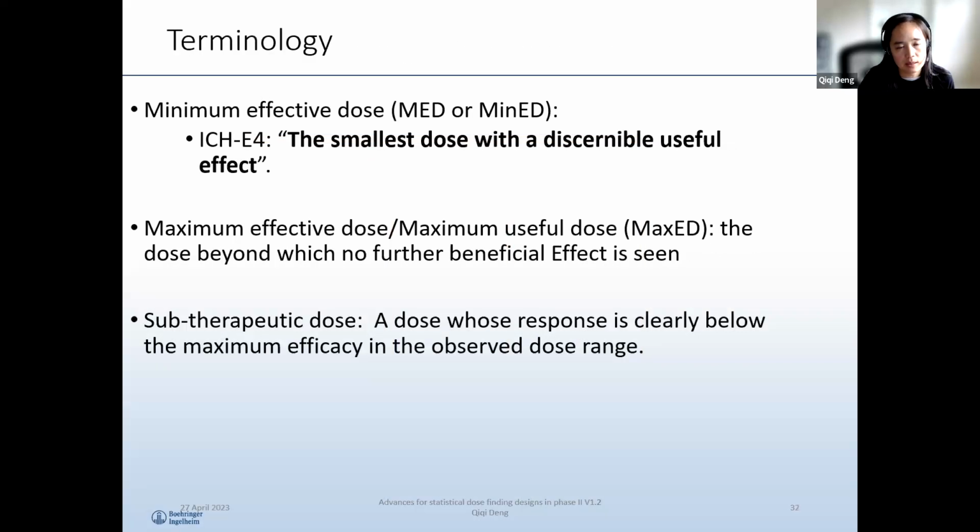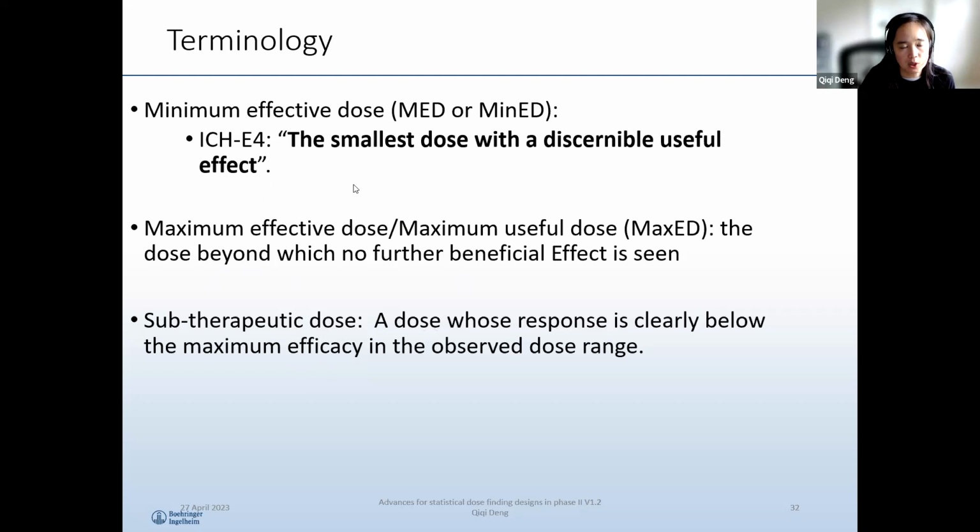I think I'm going to skip some of the technical details about this design, but there is a very important concept called minimum effective dose, which is the smallest dose with a discernible useful effect.